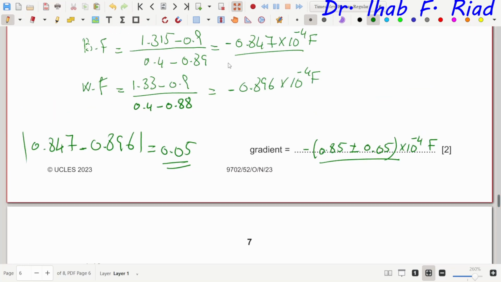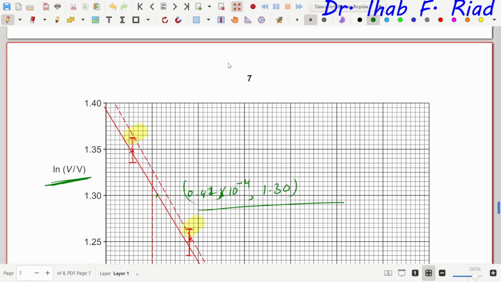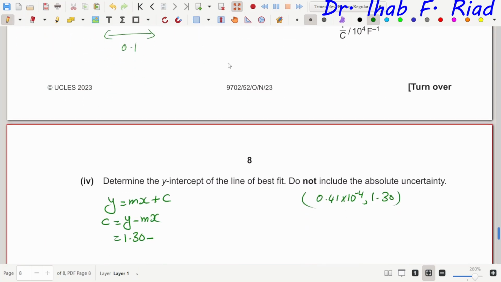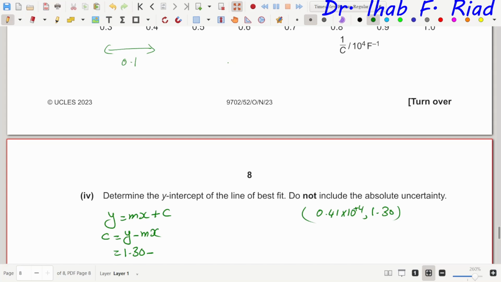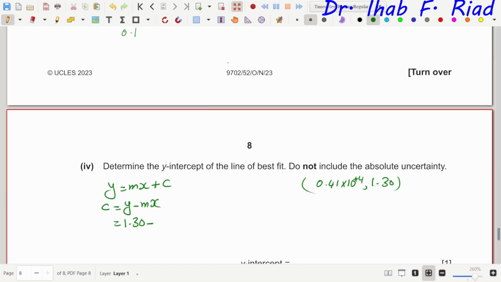Minus 0.85 times 10 to the power minus 4, times x, 0.41 times 10 to the power 4. Then we have 1.30 plus 0.85 times 0.41.